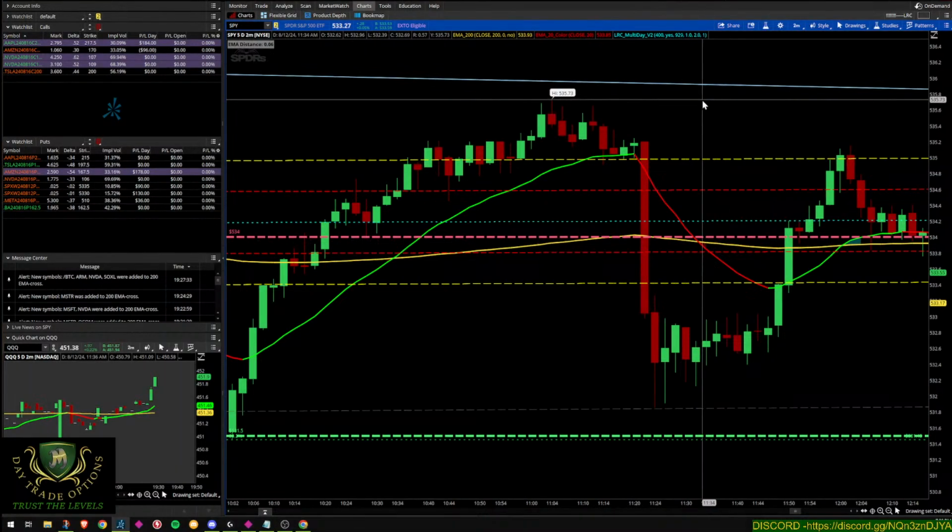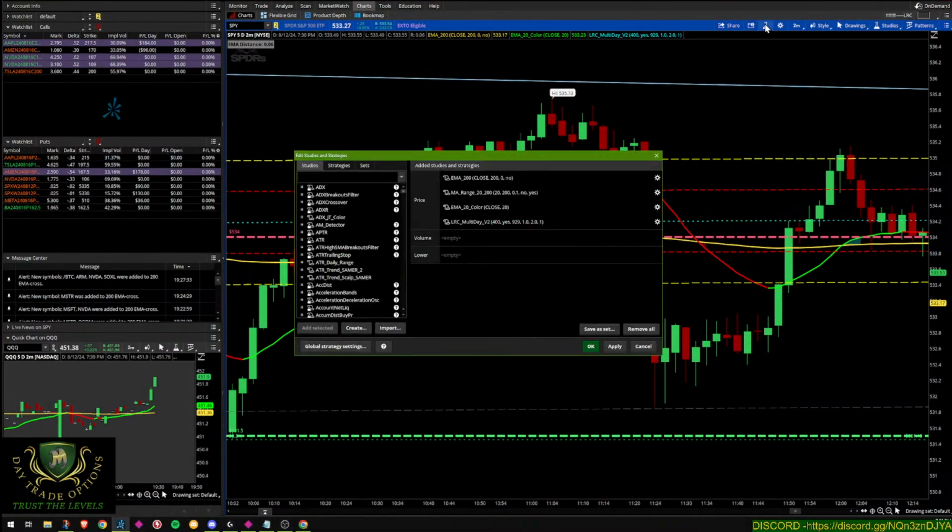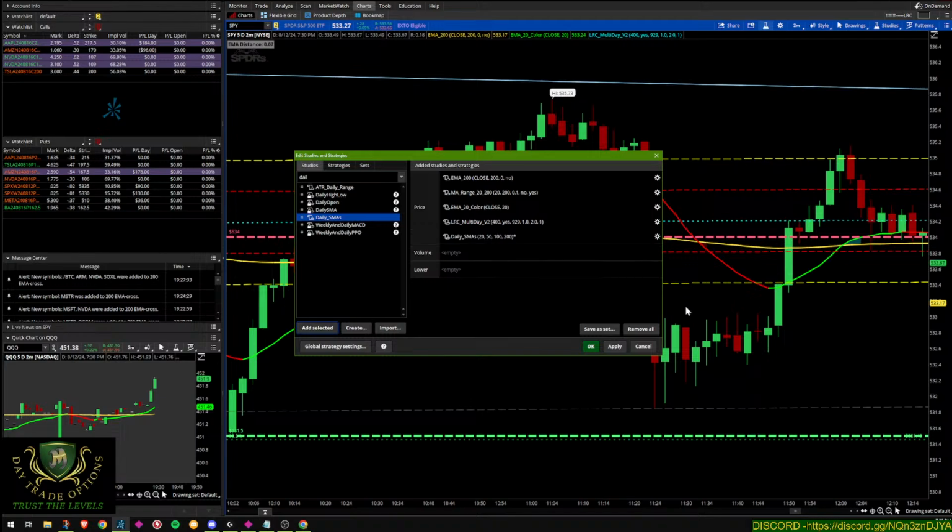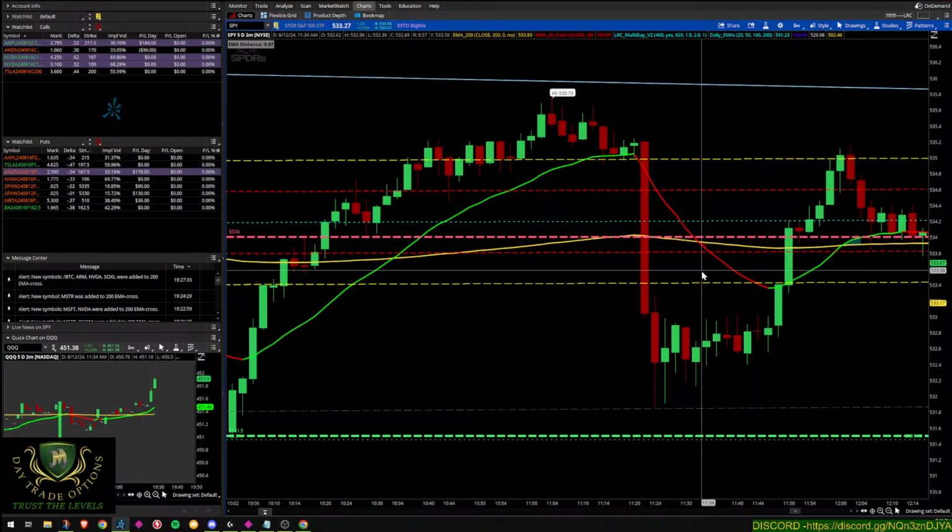You can't see it on this chart. Let me pull that up. I don't have my daily SMAs, which I always trade with. I just don't have them on this chart. I try to keep it a little cleaner. But my daily SMAs, I'll show you. Where did that come in?